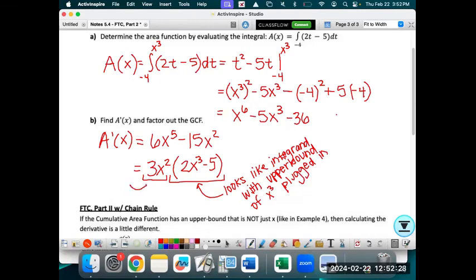And then where do we think that we might be getting that from? If you were to compare anything from your original function. Hopefully you notice that that looks like the derivative of your upper bound, which is x cubed.